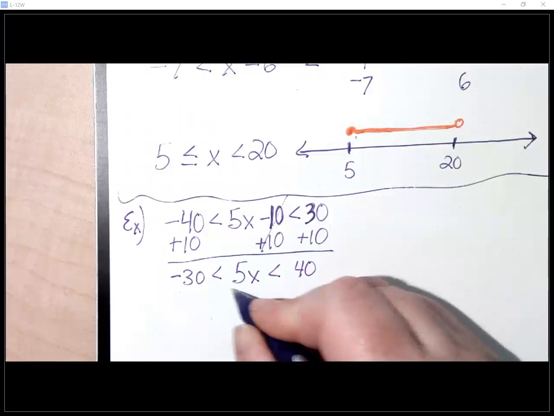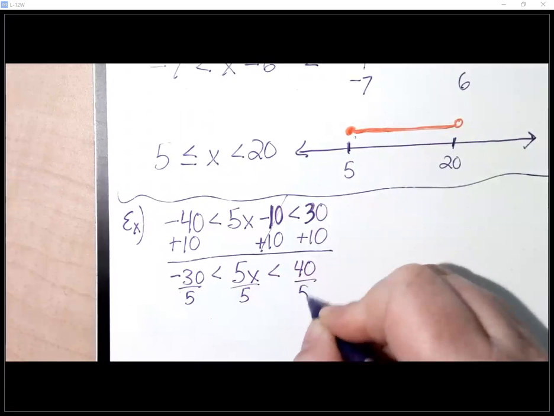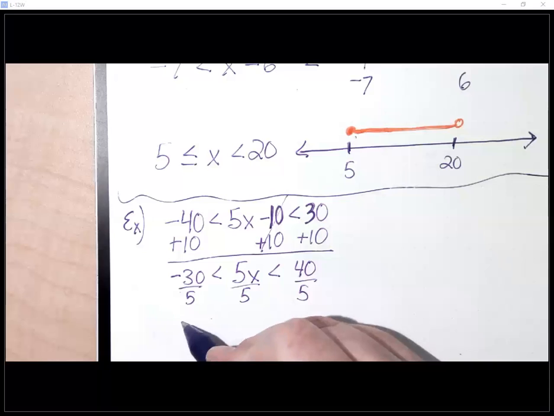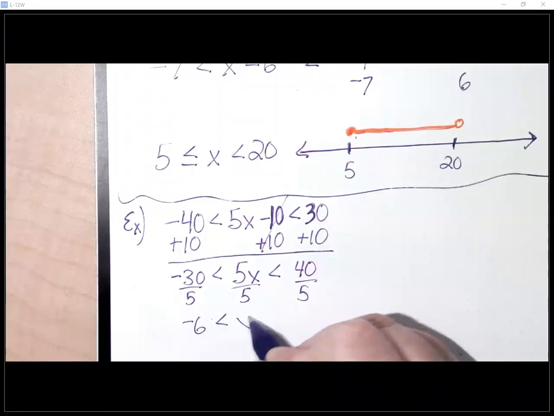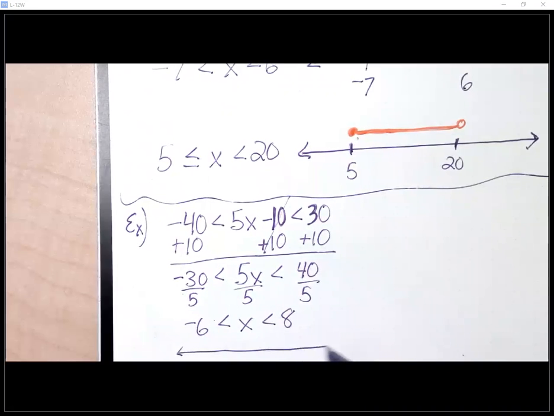So again, I do all 3 parts. Everybody's going to get divided by 5. Go ahead and try and graph that solution. So put your 2 dots on -6 and 8, whatever you think they should be.